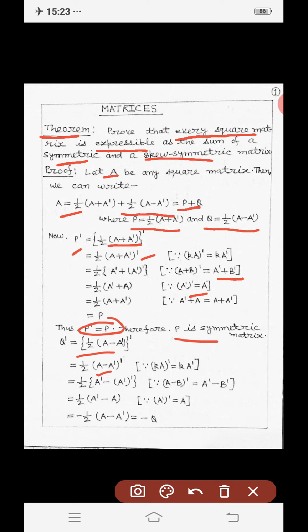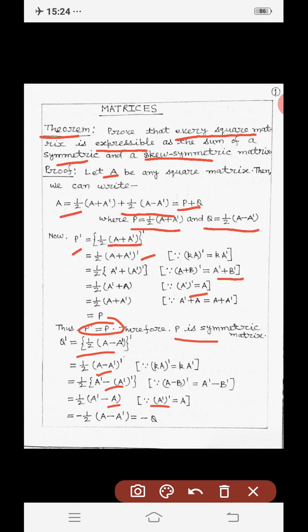Here using the property transpose of kA is equal to k A transpose, this is equal to 1 by 2 (A transpose minus transpose of A transpose), since (A minus B) whole transpose equal to A transpose minus B transpose, and this is equal to 1 by 2 (A transpose minus A), since transpose of A transpose equal to A, and this is equal to minus 1 by 2 (A minus A transpose).